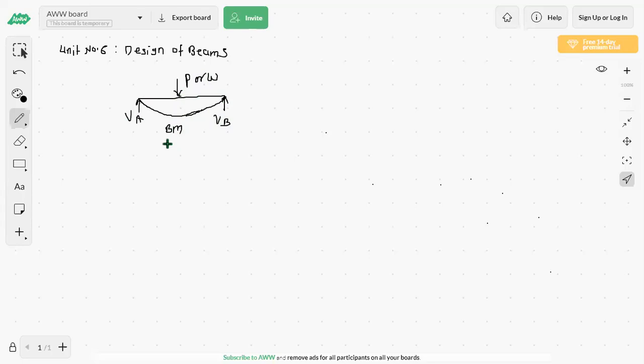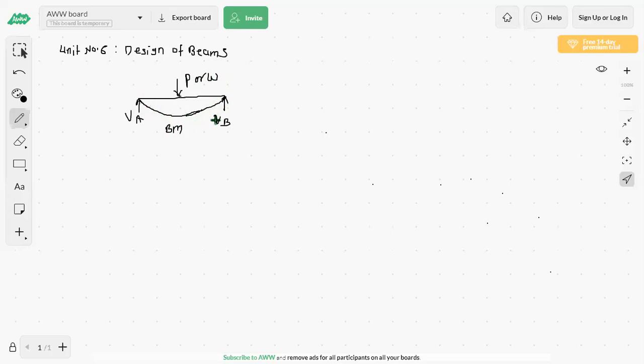How do we define a beam? The beam is the horizontal structural member subjected to transverse loading. This P or W is the transverse load, in the plane of bending. Whatever behavior we are showing here, that is the bending.